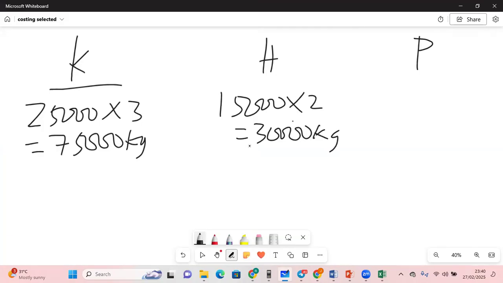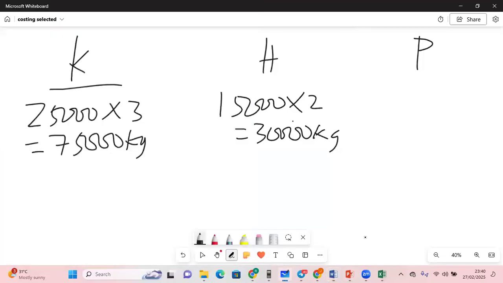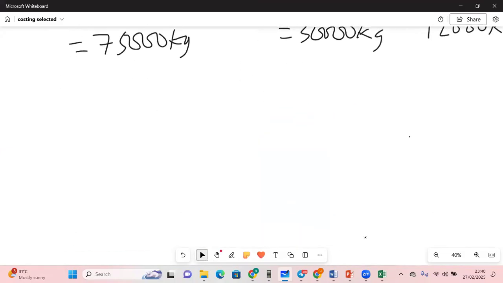Then P is also having 4,000 times 3 as its reorder level, equals to kg. And we are done with the first one.